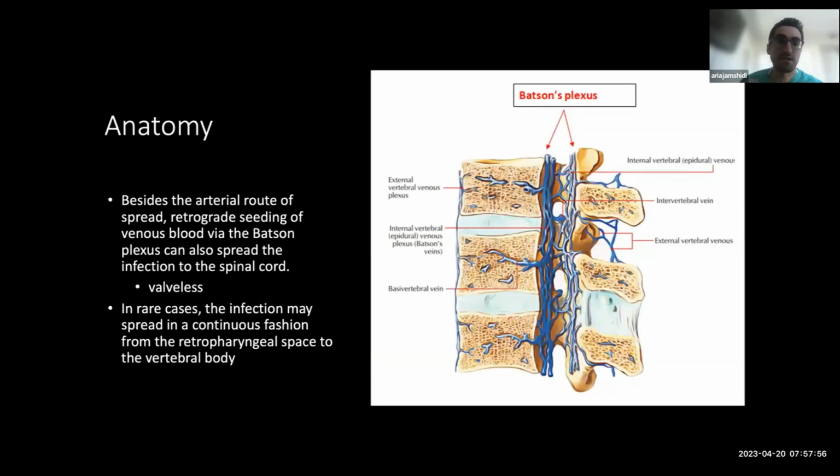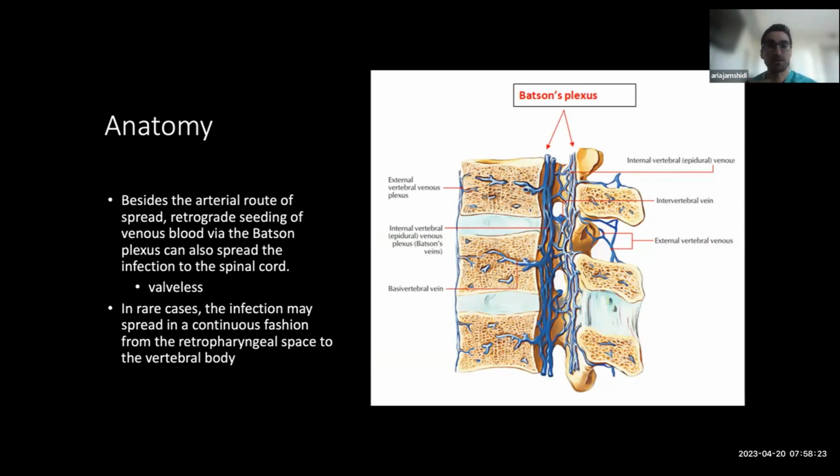In terms of the different routes by which patients can develop discitis, osteomyelitis, and epidural abscesses, the arterial route is definitely a primary seeding route. However, it is important to realize that our friend Batson's plexus can also be the quote unquote culprit by which bacteria seeded into the patient's spine.